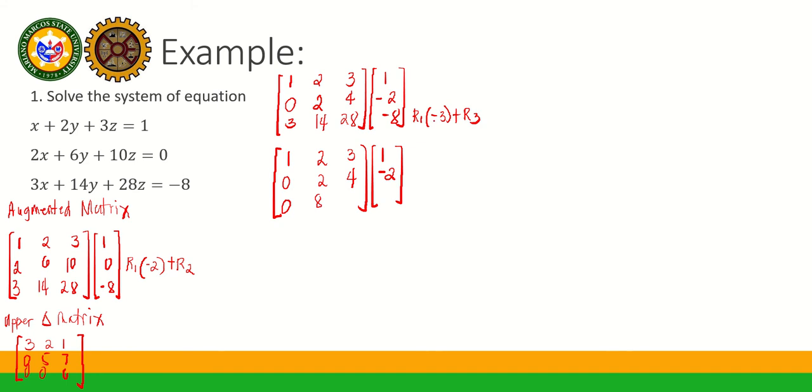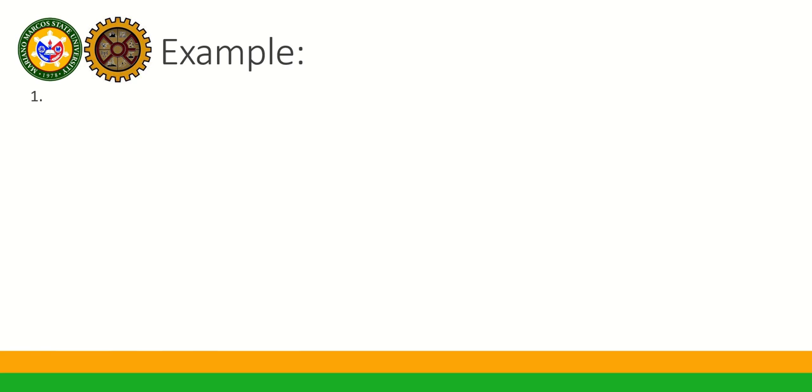And then 3 times negative 3, that is negative 9, plus 28, that is equal to positive 19. And 1 times negative 3 is negative 3, minus 8, okay, so that will be equal to negative 11 since they are both negative. Okay? Oh, I'm sorry.